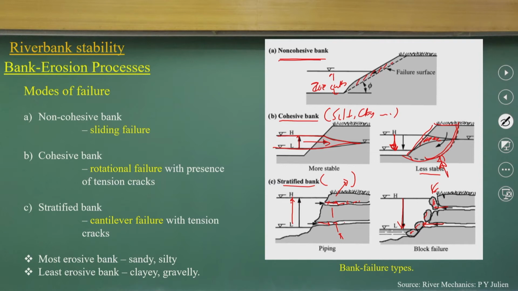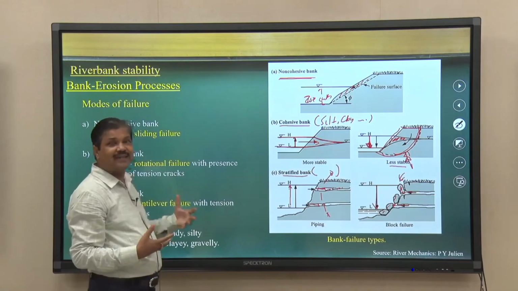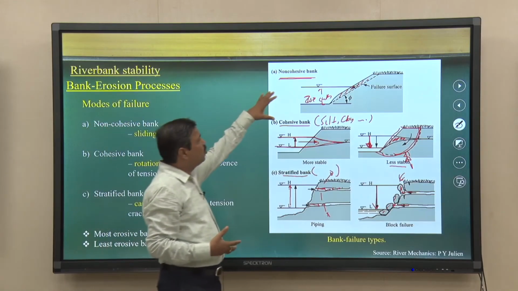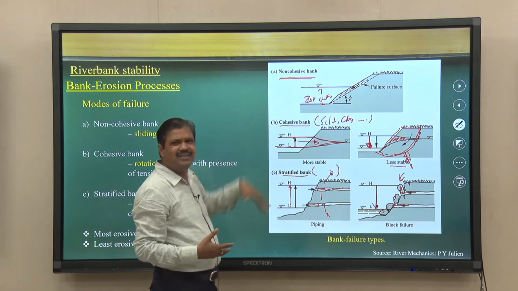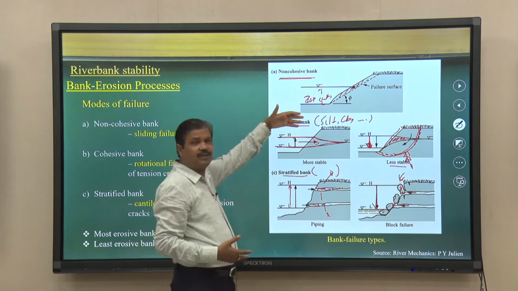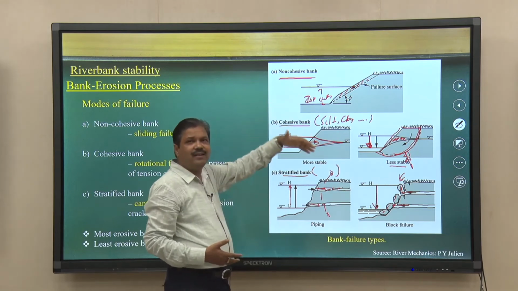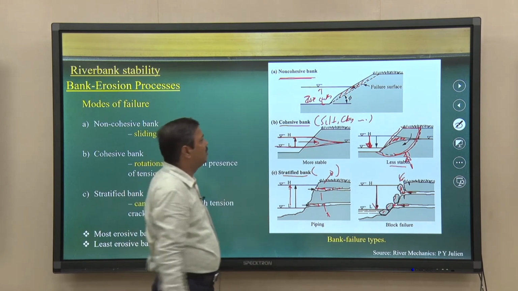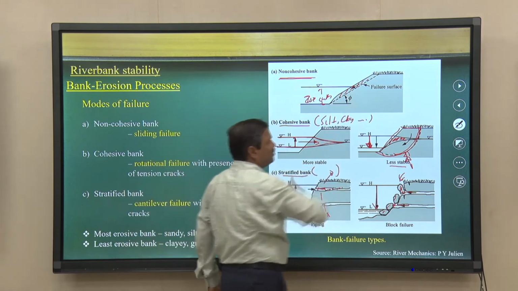So, try to understand it. There are three bank characteristics that control the bank erosion process. Non-cohesive banks, which generally do not fail except in some cases where undercutting happens, and in non-cohesive material like sand there will be a failure surface, slicing failures will happen.